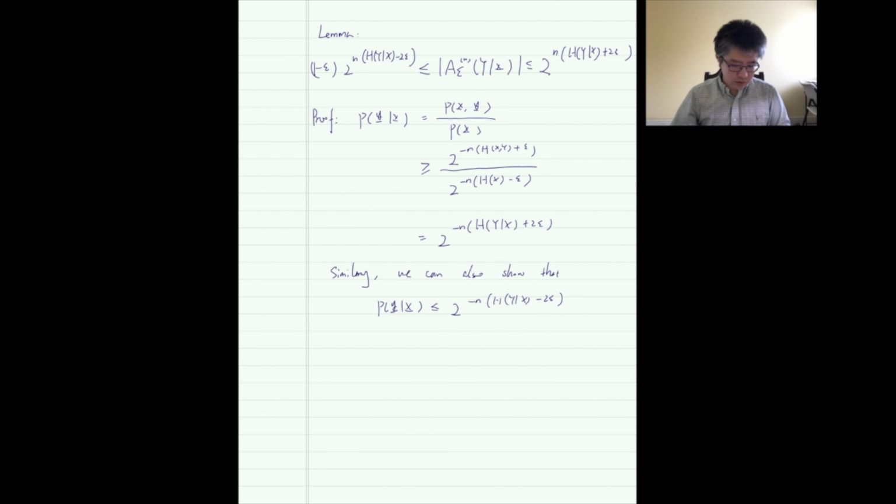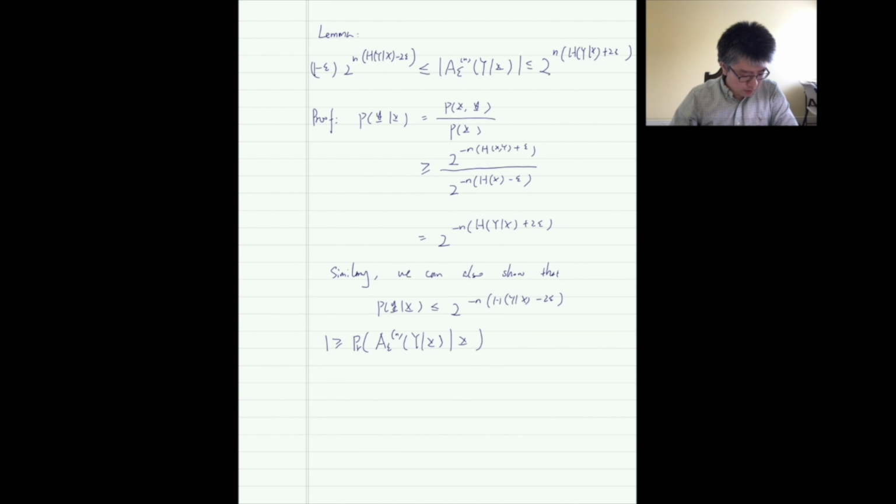Okay, very good. So next, let's show this lemma. From these two facts, we can compute the following. First, let's consider the upper bound. We know 1 is bigger than or equal to the probability of y given x, because we observe x.